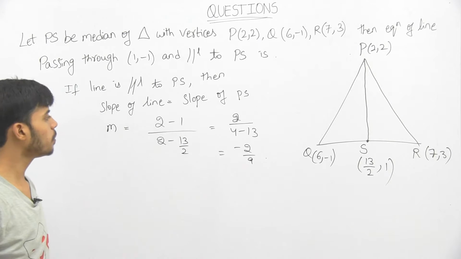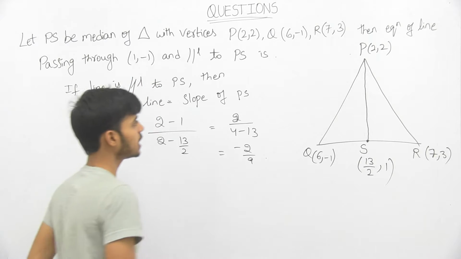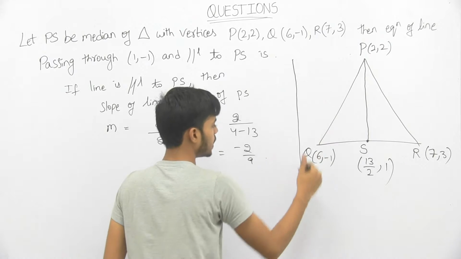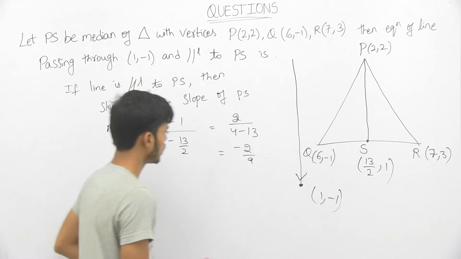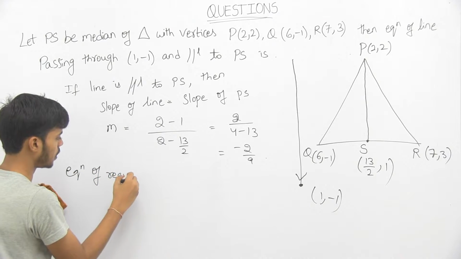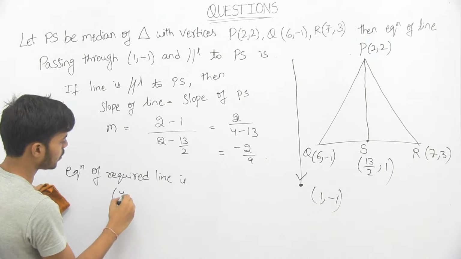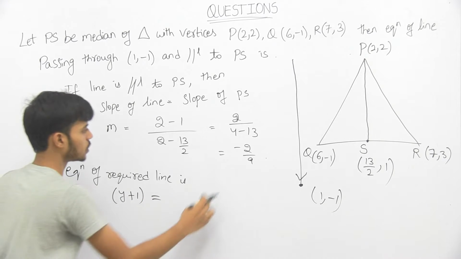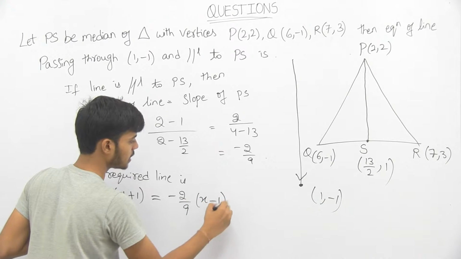So we got the slope, that is minus 2 by 9, and the point is already given in the question. We have to find the equation of a line which is parallel to PS and is passing through the point (1, -1). So the equation of required line is y minus of -1, which is y plus 1, is equals to slope into (x minus 1).